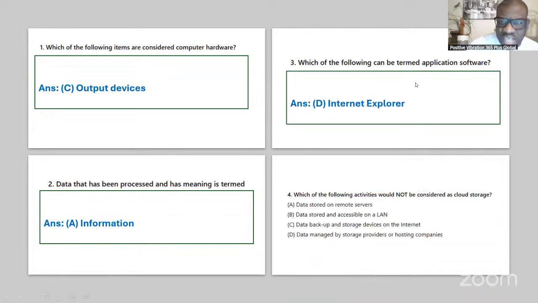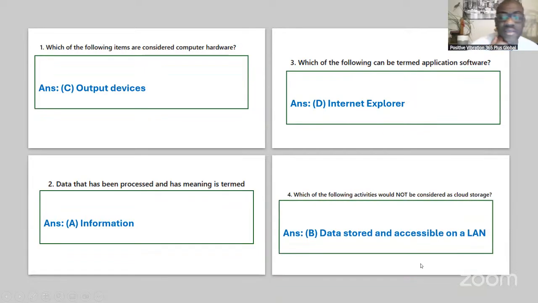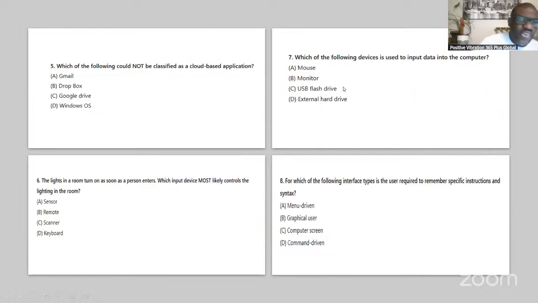That's Internet Explorer. And next, which of the following activities would not be considered as cloud storage? And that is B, data stored and accessible on a LAN. Remember that a LAN is usually a wired network, something like in a lab or in an office. Okay, next. Write down your answers, please.